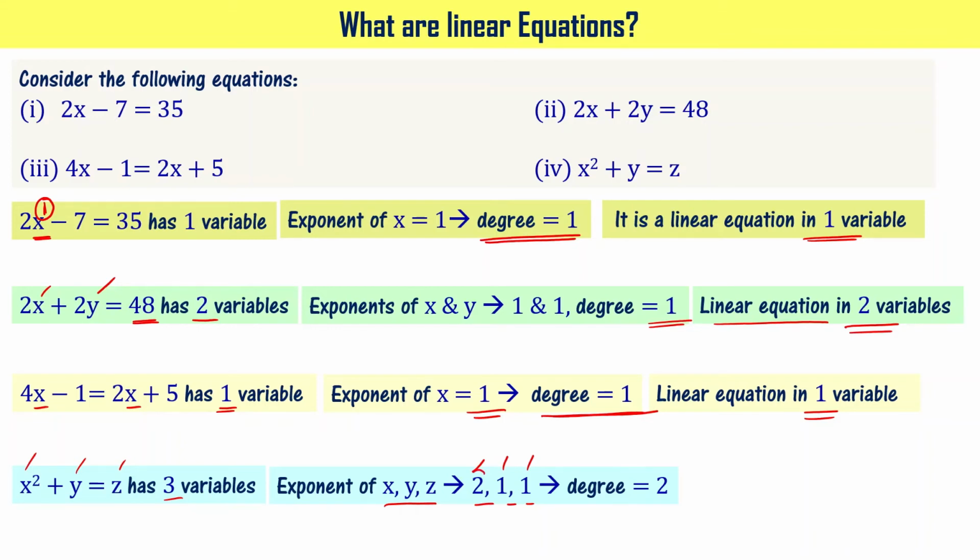Since the highest exponent or the highest power is 2, we say that the degree of this particular equation is 2, right? Since the degree of this particular equation is 2, it is not a linear equation. We are going to learn about what this equation is called in later classes. But for now, you say that it is not a linear equation. Got it?